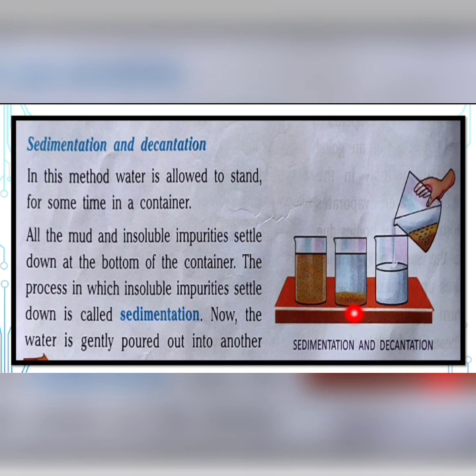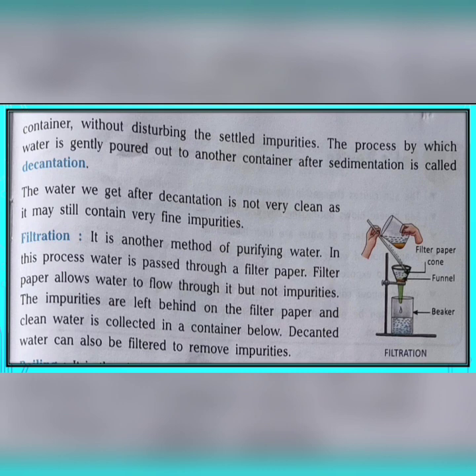So what is sedimentation? The process in which insoluble impurities present in water settle down is called sedimentation. Then the water is gently poured out into another container as shown in this picture, without disturbing the settled impurities. This process by which water is gently poured out into another container after sedimentation is called decantation.